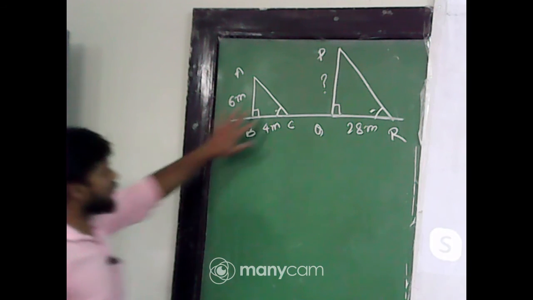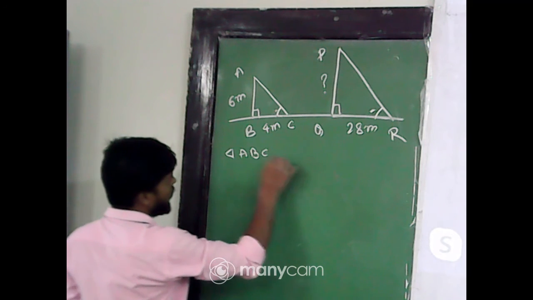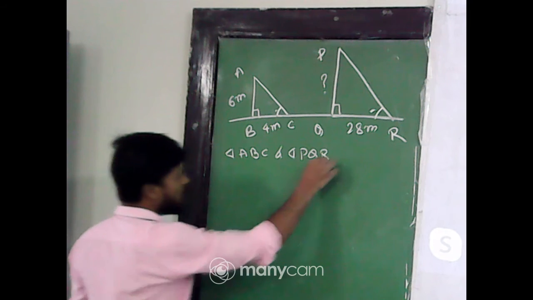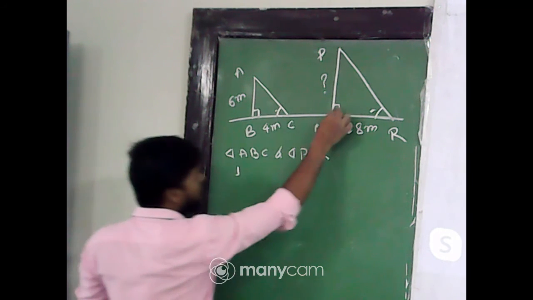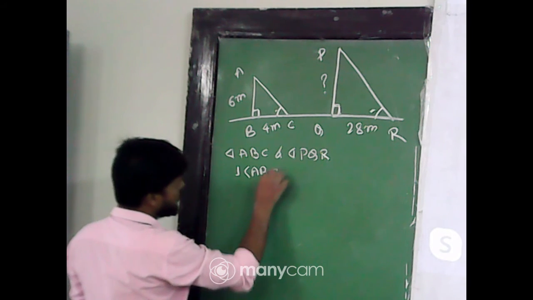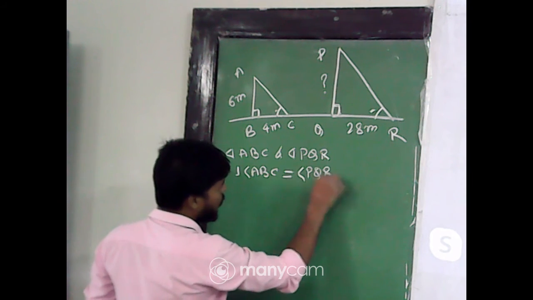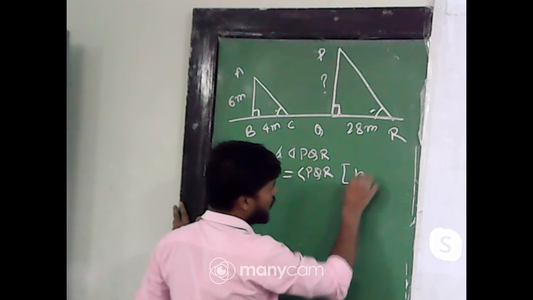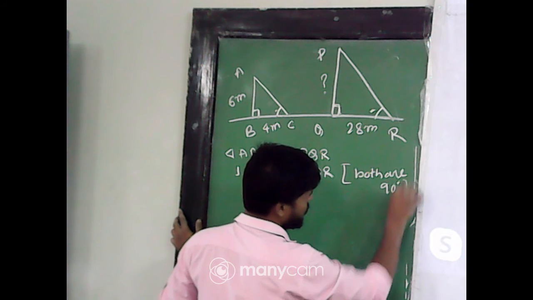So now if I compare these two triangles, ABC and the triangle PQR, the first condition is that angle ABC is equal to angle PQR, because both are 90 degree.